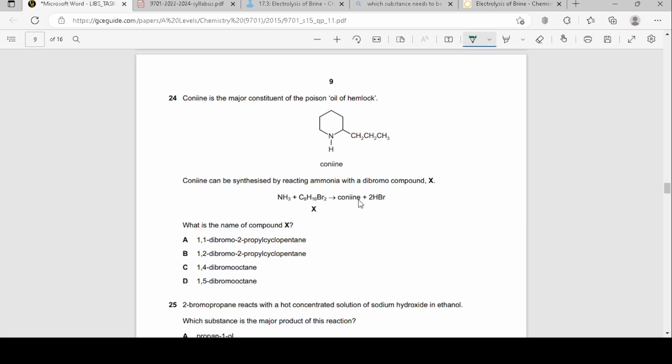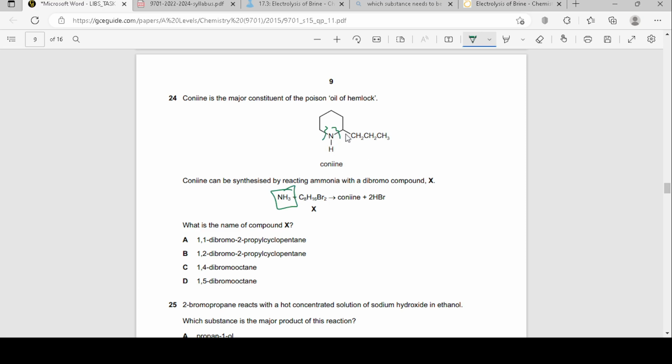Okay, so let me think about this. If I were to remove the ammonia groups, I can just break these bonds and add a Br and a Br on those, because then I get 1, 2, 3, 4, 5, 6, 7, 8 carbon atoms, and then I would add a bromine there and a bromine there, because those bromines are basically replaced by the NH.